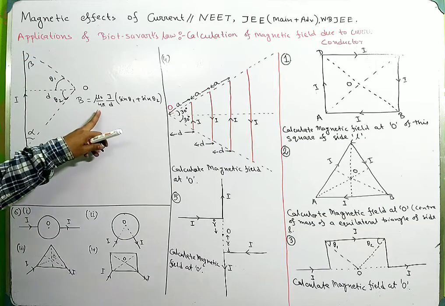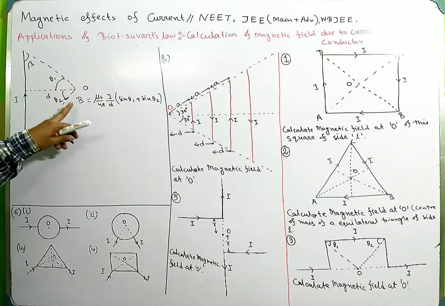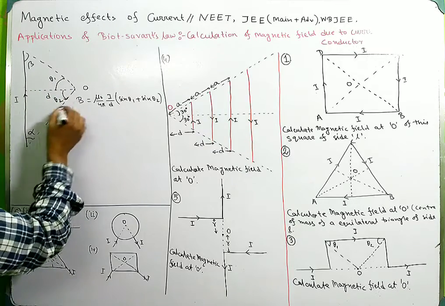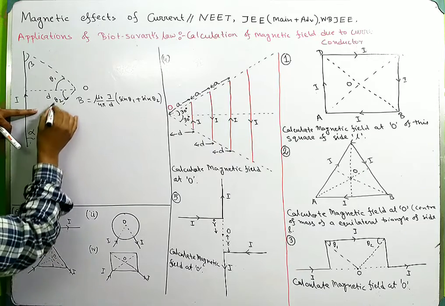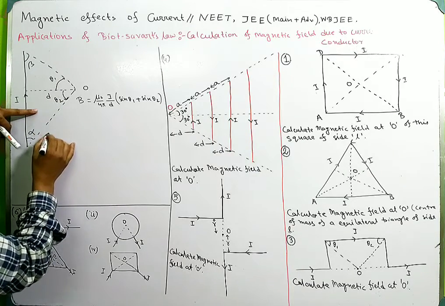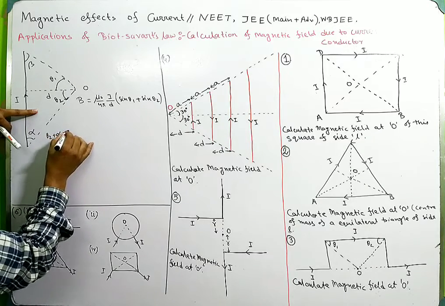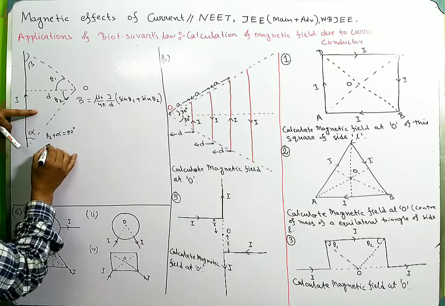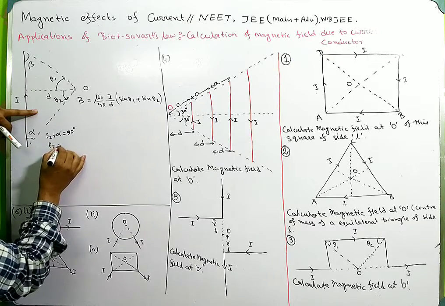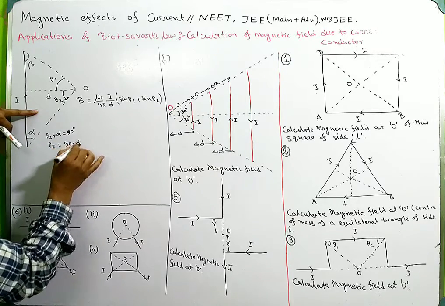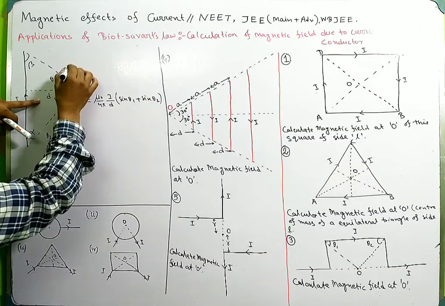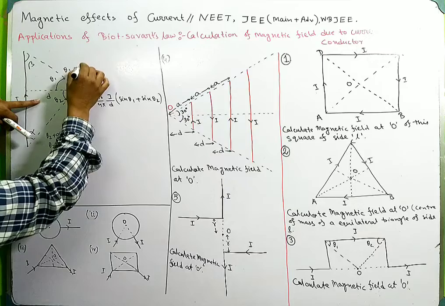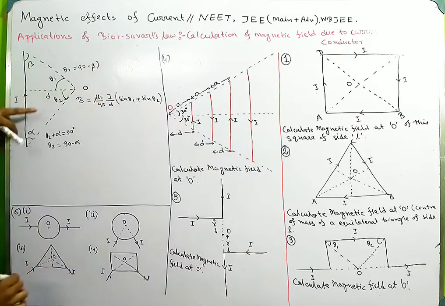what will be the formula of this magnetic field? Here, what is the relation between theta 2 and alpha? Theta 2 plus alpha must equal 90 degrees, so theta 2 equals 90 degrees minus alpha, and also theta 1 can be written as 90 degrees minus beta.